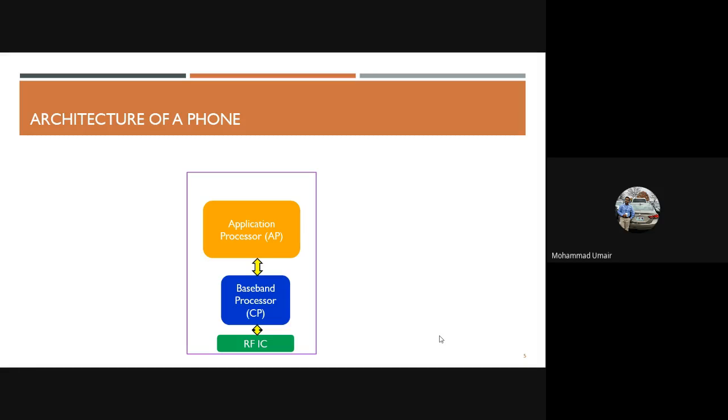As I said, fundamentally there are three processors in a phone: the AP or application processor, the BP or baseband processor, and the RFIC. The application processor is the main processor in a phone, on which your operating system, be it Android, iOS, Windows, Symbian or whatever, is running. That is the most powerful processor.